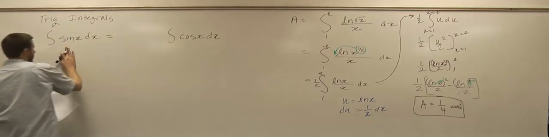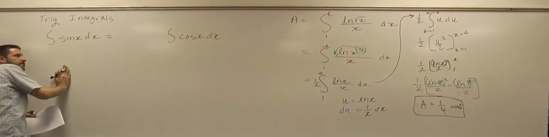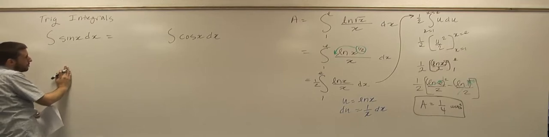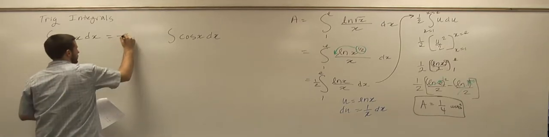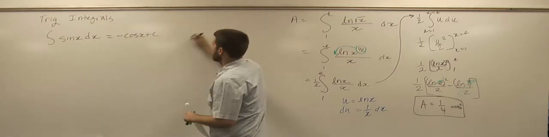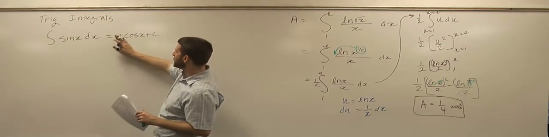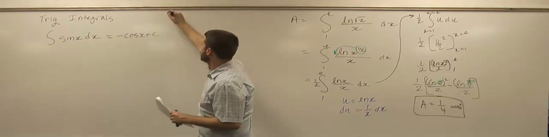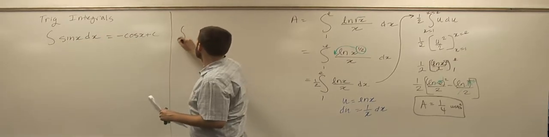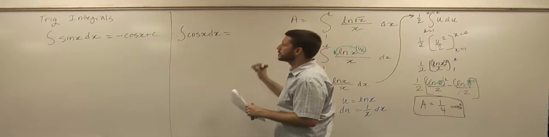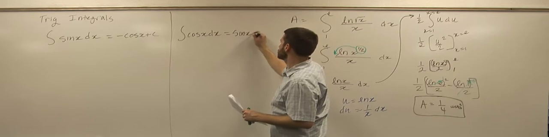The integral of sine x was negative cos x plus a constant. It's got to be negative because when you do the derivative of cosine, you get negative sine. And then we knew the integral of cos x, which is regular sine x.